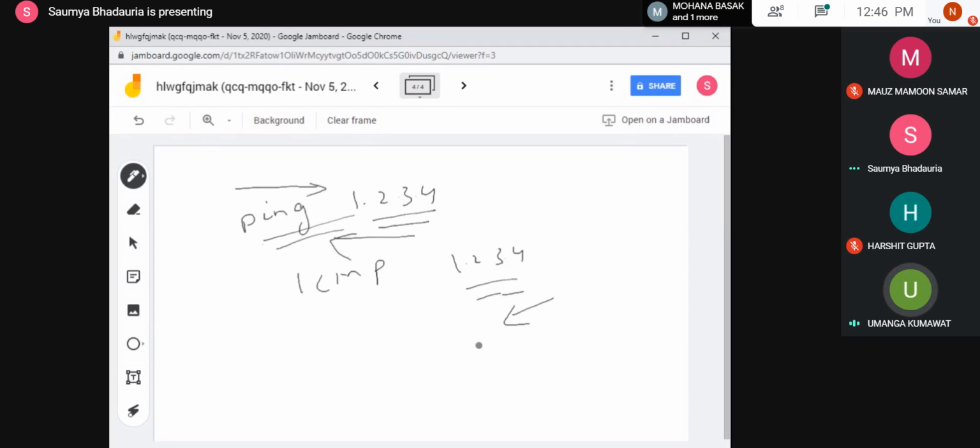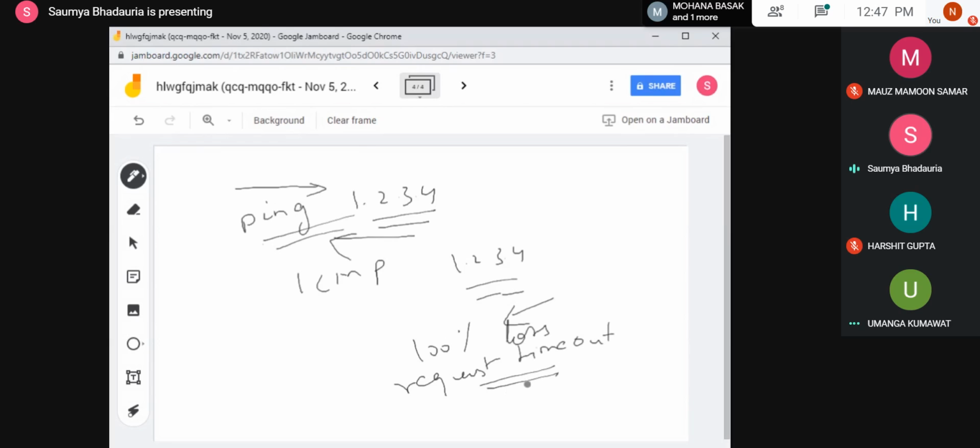Ma'am, it's showing 100% loss. Okay. Any other error? Just request timed out, sent equals 4 and received is 0. So it's request timeout. This is important. It is showing request timeout.